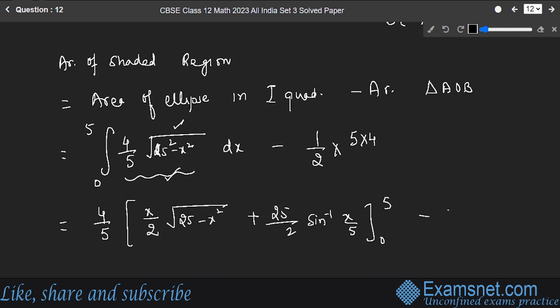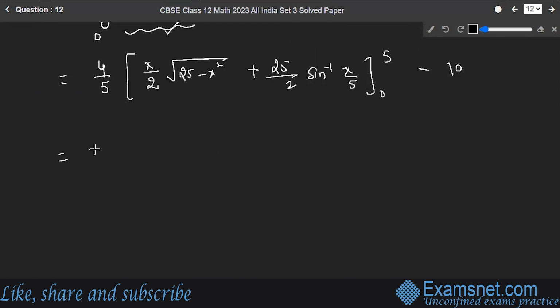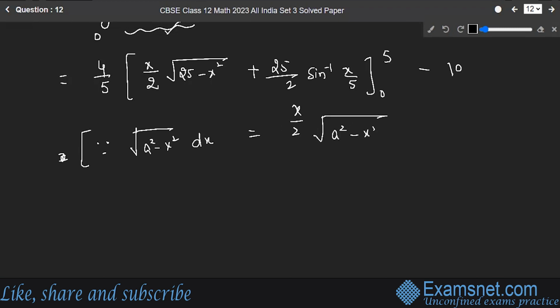Limits are 0 to 5, minus 10. Over here, let's discuss what formula I'm using, because integral of root of a square minus x square dx is equal to x by 2 root of a square minus x square plus a square upon 2 sine inverse of x upon a.